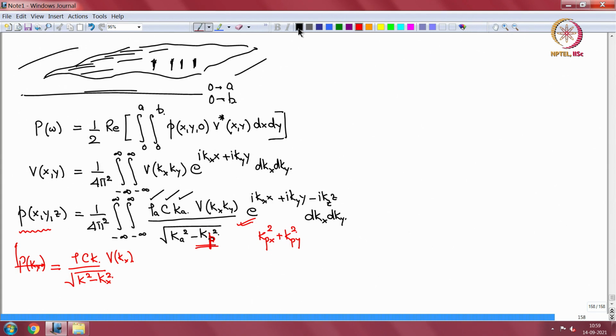Next, hence the acoustic power is given by, if I put these two back into the equation above, so that P of omega is equal to, 4 pi square times 4 pi square and 2, that gives me 32.